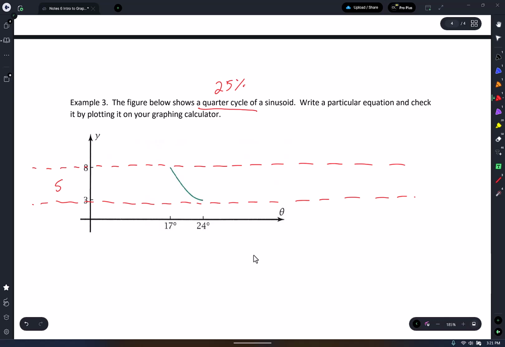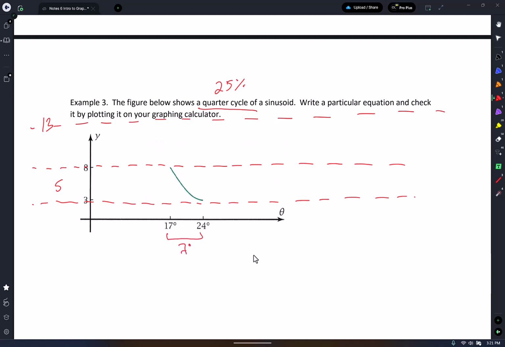So I'm going to go up 5. What's 8 plus 5? So at 13, I'm going to say that this is 13. This gap between 17 and 24, that's a 7-degree gap. I think it's 7 degrees. Yeah, it is. So if I go back another 7 degrees from the midline to a max, it looks like right here at 10 degrees.